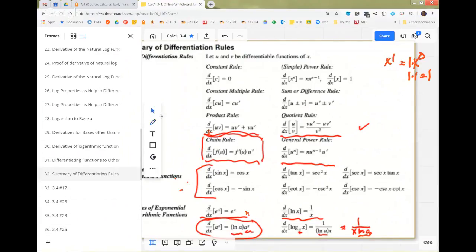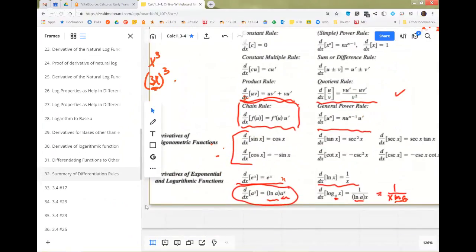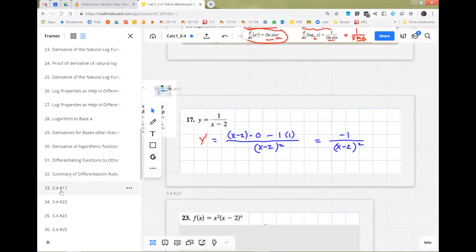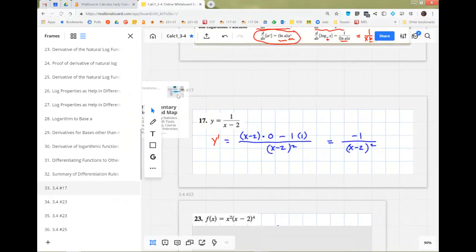So the rest of today, what I wanted to do is do some examples from lesson 3-4. So let's dive into those. First, I've got number 17 here.